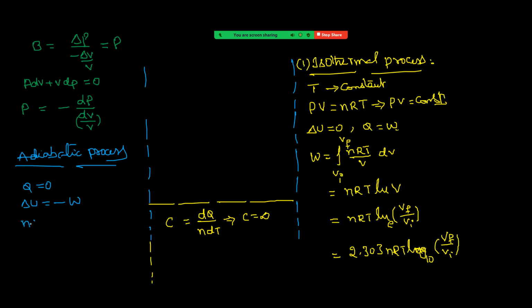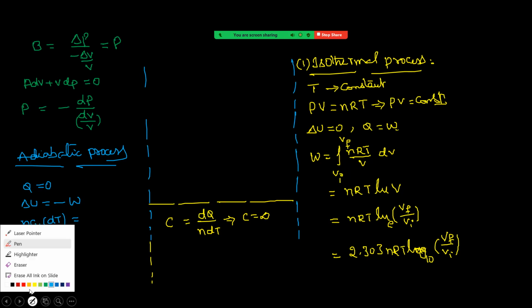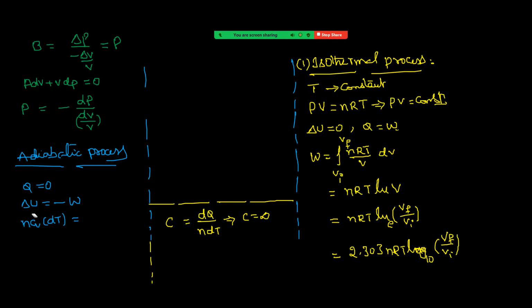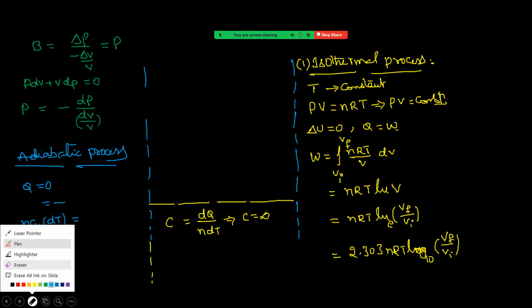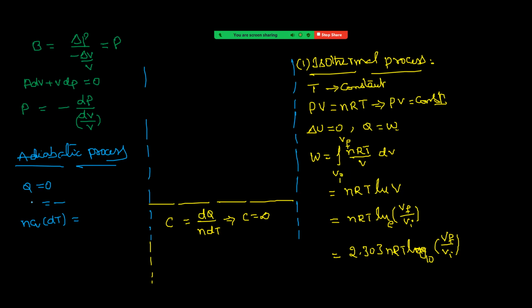Delta U, that is n Cv dT, taking differential form, dU is equal to minus dW.